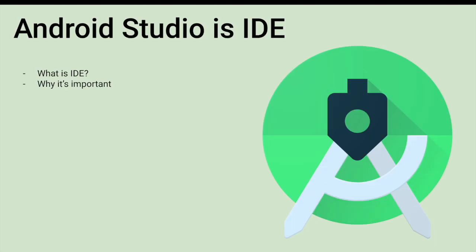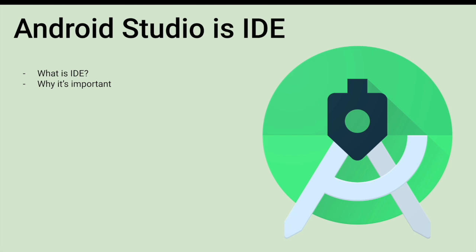So first of all, Android Studio is an IDE. And good question, what is an IDE? I'm not sure that even some developers know how to decrypt these three letters, but I will tell you now.